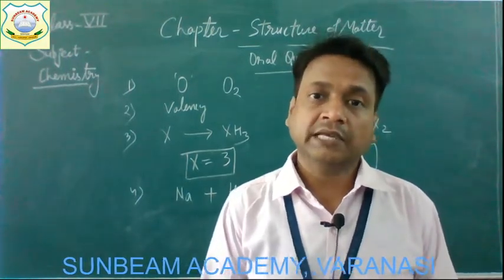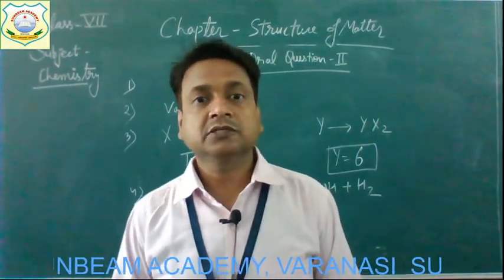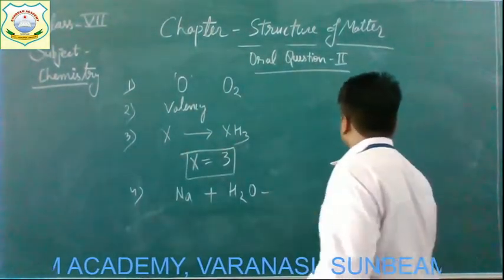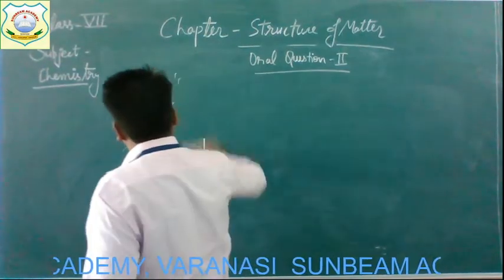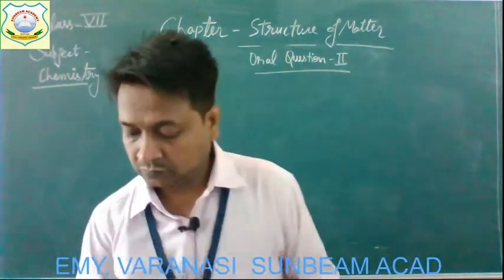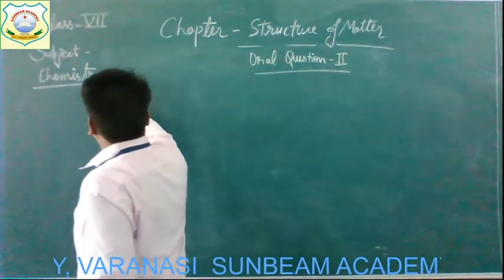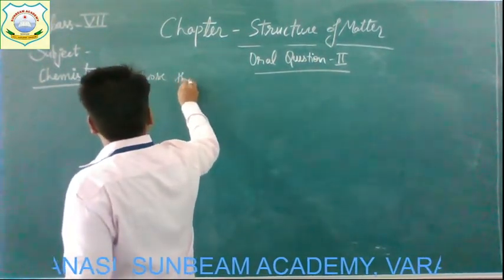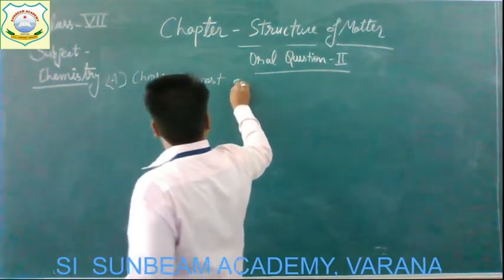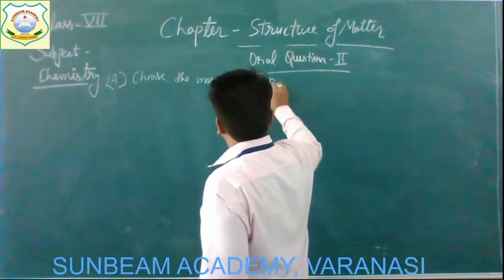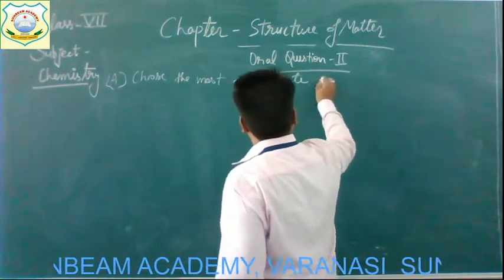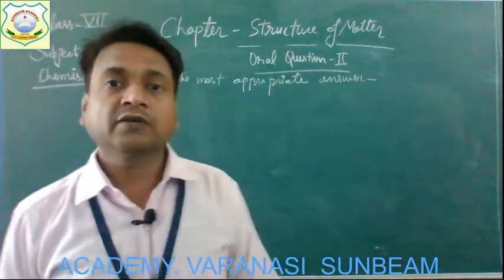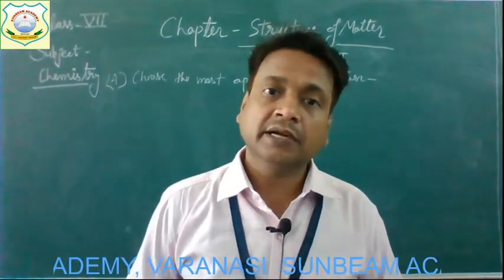Now come to the book exercise. The first book exercise is: choose the most appropriate answer. Four options are given for each question and you have to find out the correct answer.